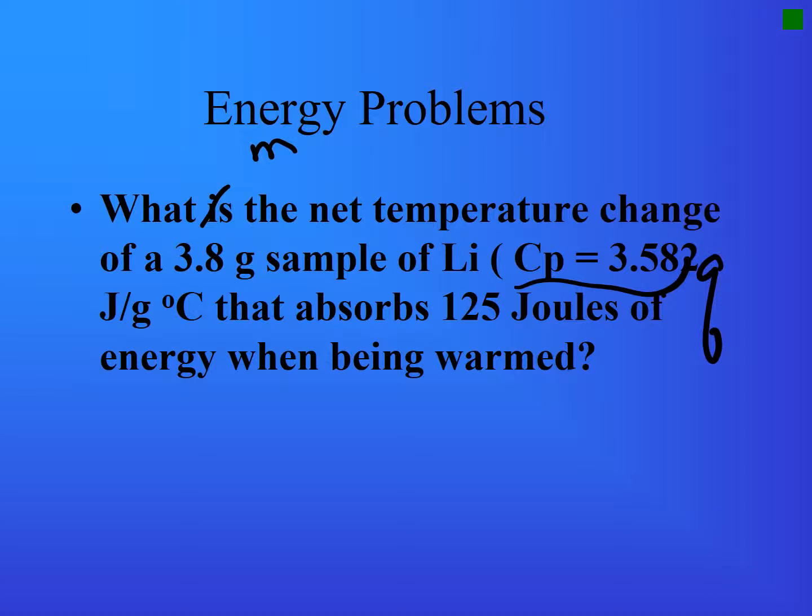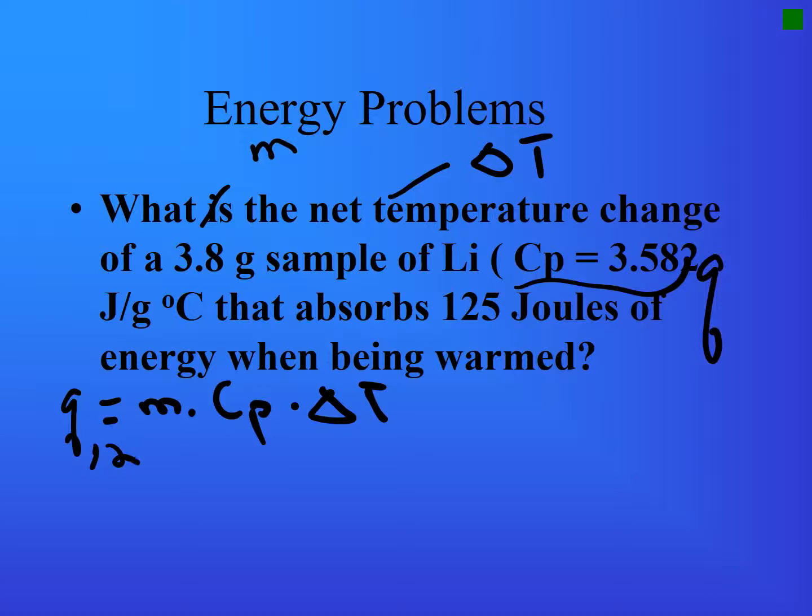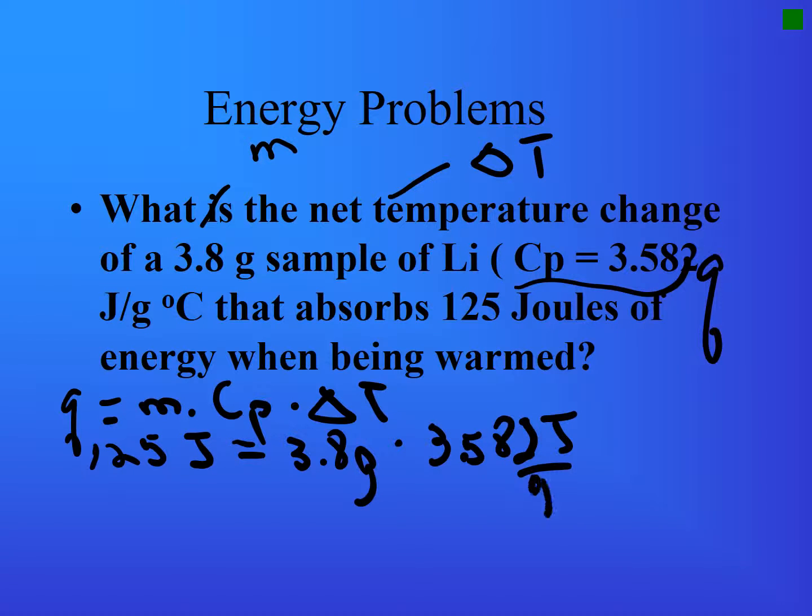That's our Q, so we're looking for ΔT here. Q = mCpΔT. We plug things in: 125 joules equals 3.8 grams times 3.582 joules per gram degree C times your ΔT.